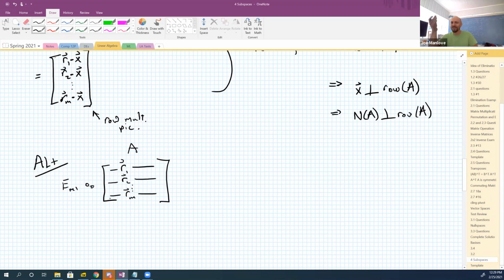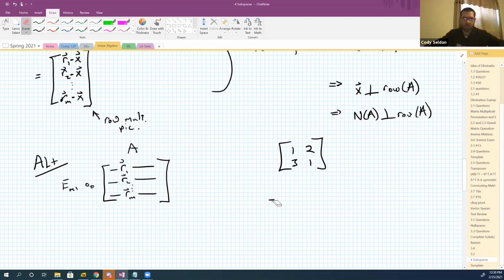What are the steps involved in that? If you had to do elimination, so here's a little matrix. If you had to make the E21 matrix on this, what would it be? Row 2 minus 3 row 1.